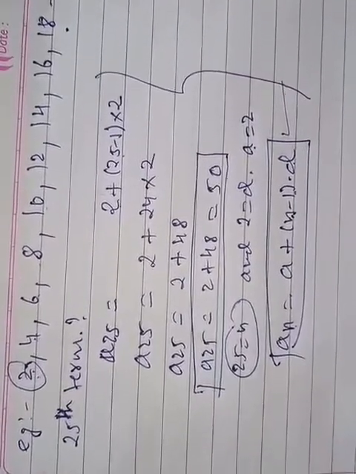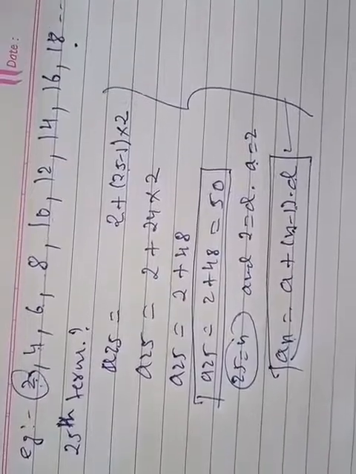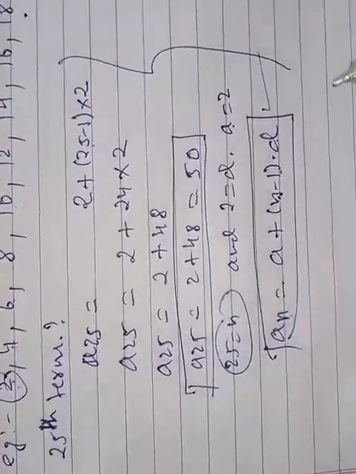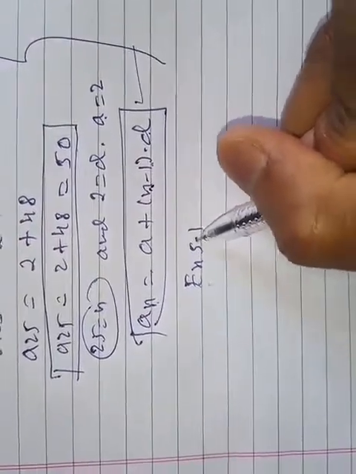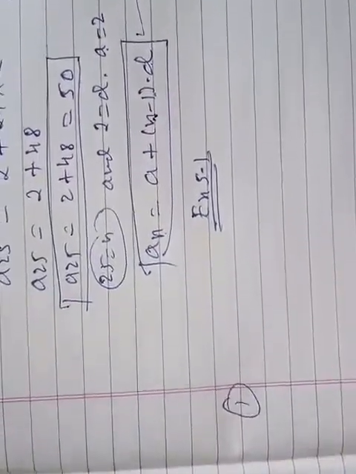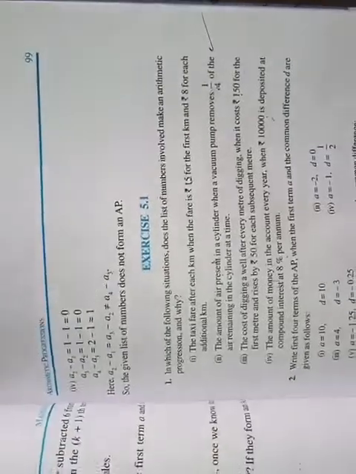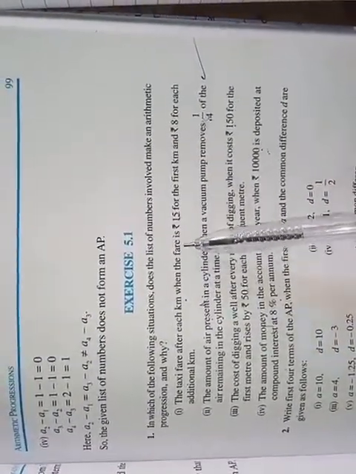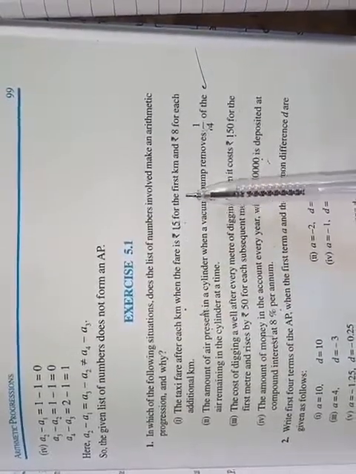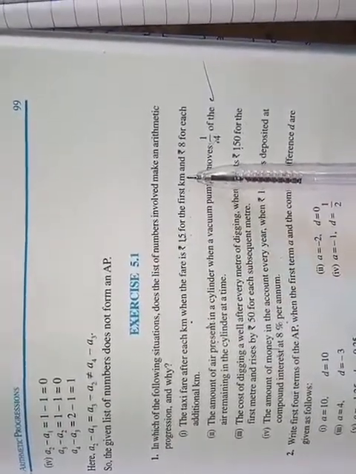So let's start with the exercise, say exercise 5.1. Question number 1. A taxi fare after each kilometer, when the fare is rupees 15 for the first kilometer.